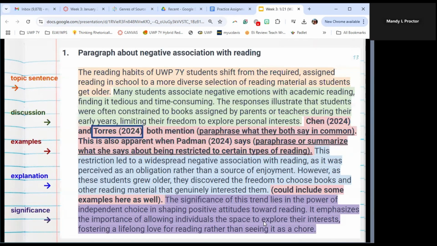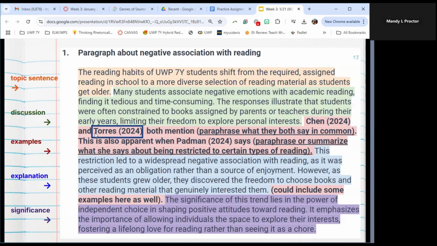So you'll see that I've highlighted that here, where we have Torres 2024. That's one of the things that I want you to think about when you're referencing things that your classmates have said.